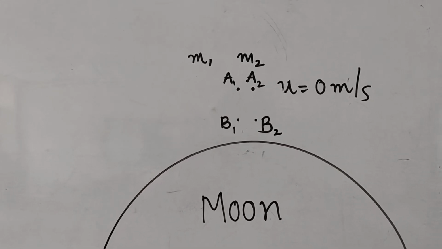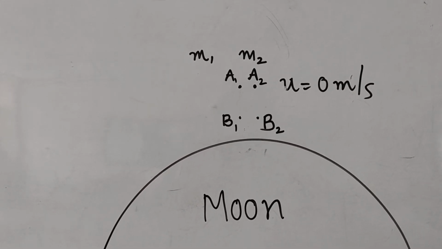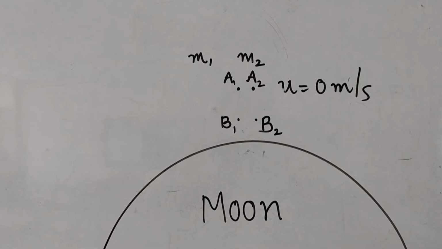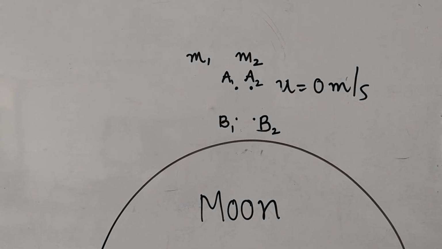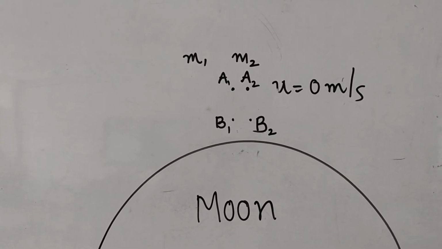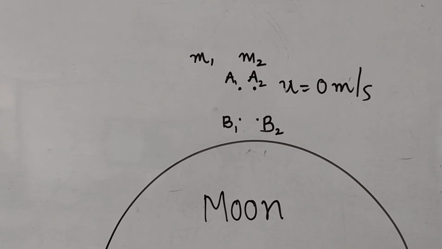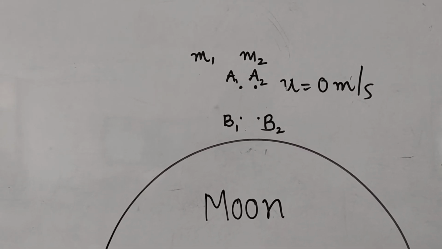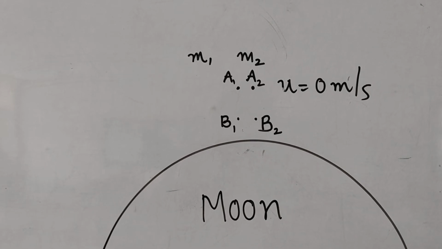Since both bodies have the same uniform acceleration, their velocities at B1, B2 should be same. In fact, at any instant during the motion, their velocities will be same because they have the same acceleration due to gravity of the moon.